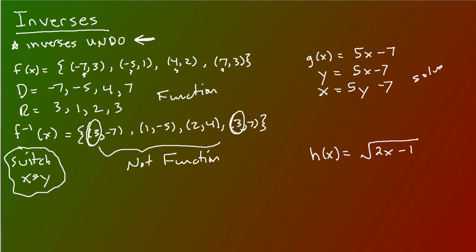Now I solve for y. So I'm going to add 7 to both sides. And then I divide by 5. Everything divided by 5. So now I'm ready to say what the inverse of this is. G inverse of x is x plus 7 all over 5.